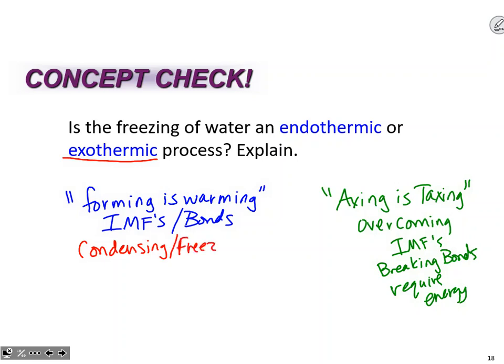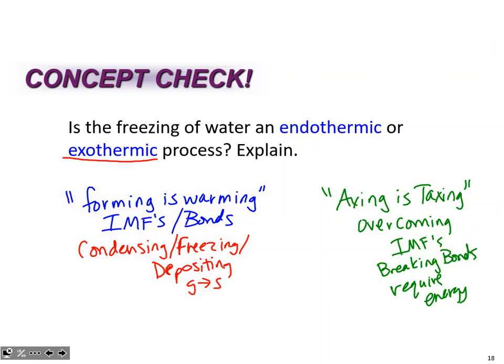What's depositing? Anybody remember that? That's gas directly to solid. Yes. Any of those, you are going to be forming IMFs. If you're forming, it's always going to be exothermic.